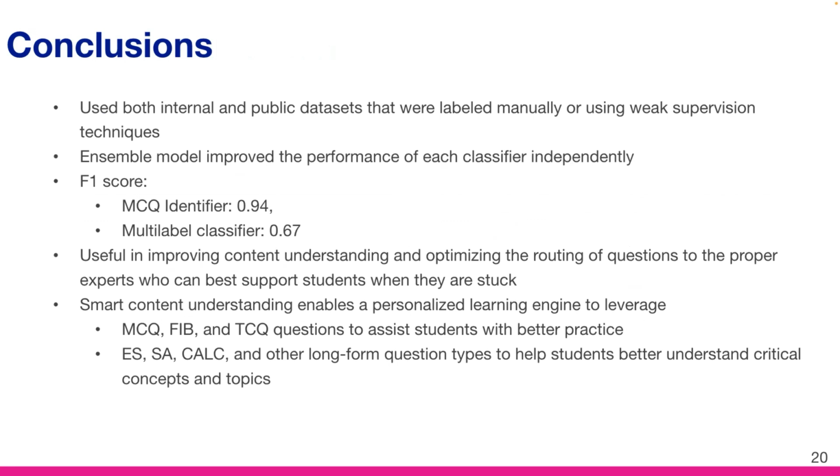We found that our internal and public data sets, the combination of both, were helpful when combined with weak supervision techniques like Snorkel and data augmentation. We found that ensembling models improves the performance of each classifier independently.